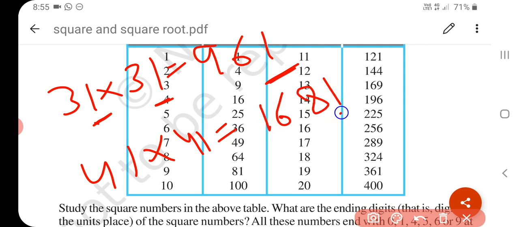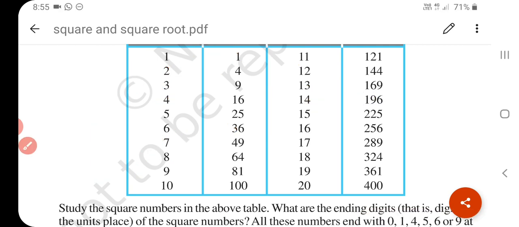It also ends with 1. So what is the property of square? If you square a number which ends with 1, then you get a square number ending with 1. Let's see some more properties.